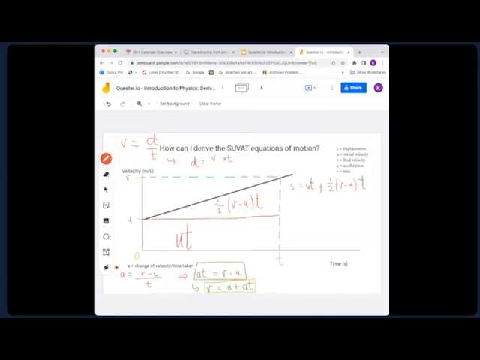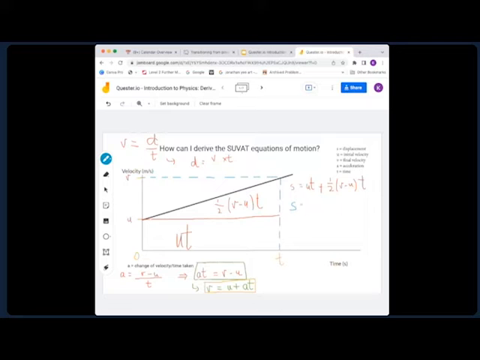So now we're going to substitute AT into here. We're just going to plug in this value of AT into V minus U, because AT and V minus U are the same thing. Do you guys see how that works? Cool.